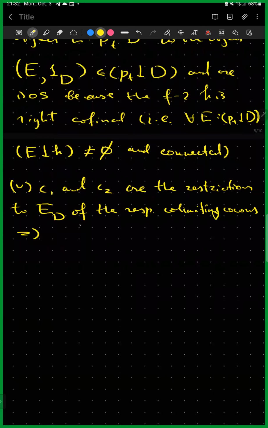And this implies that C1 is a weak equivalence and C2 is the identity isomorphism.